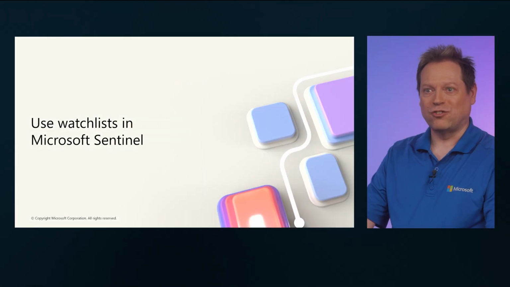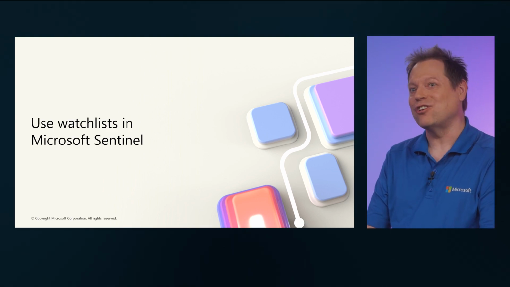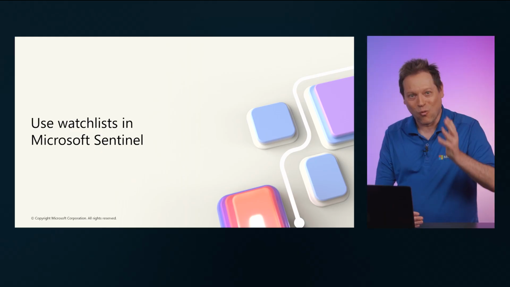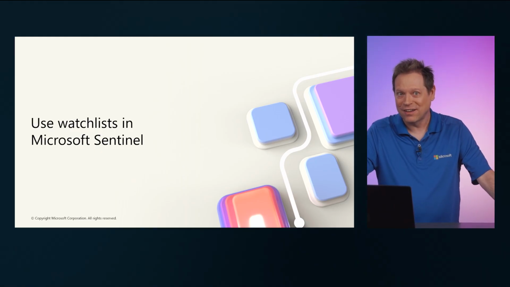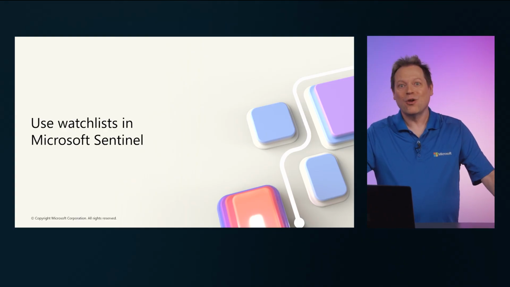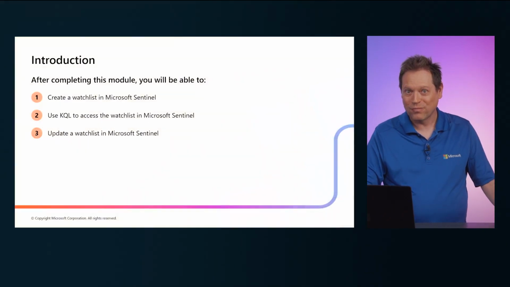Now let's look at watchlists, one of the most practical tools for enhancing detection and investigation. Watchlists are essentially curated reference data that you can bring into Sentinel and use throughout your hunting, analytic, and response workflow.